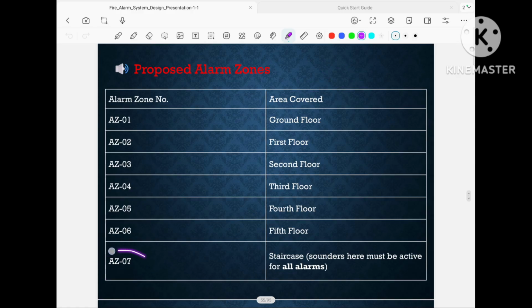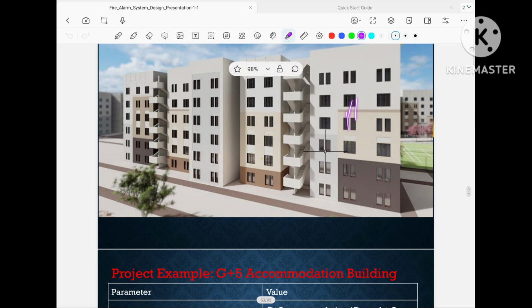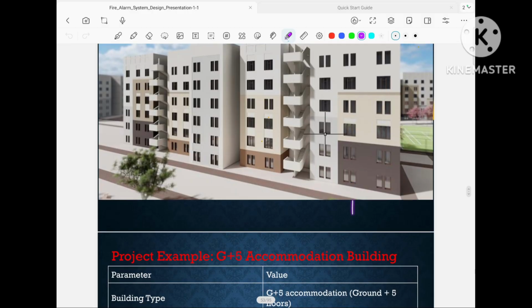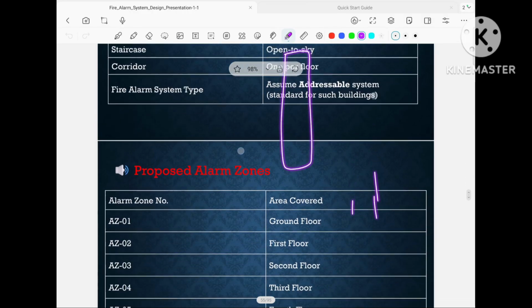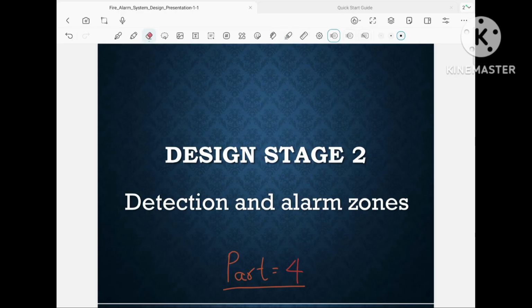If you already watched my video related to the detection zone, then I told you that our staircase is open to sky. I will show you. Our staircase is open to sky, so there are no fire alarm detection points required. Though there are no detection points for the fire alarm system, the alarm zoning is still required as it is an evacuation route. Hope you clearly understand how to decide the alarm zone for a particular building.